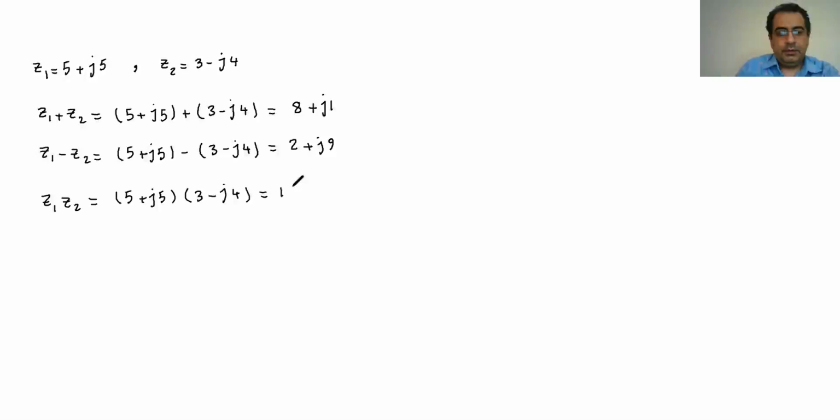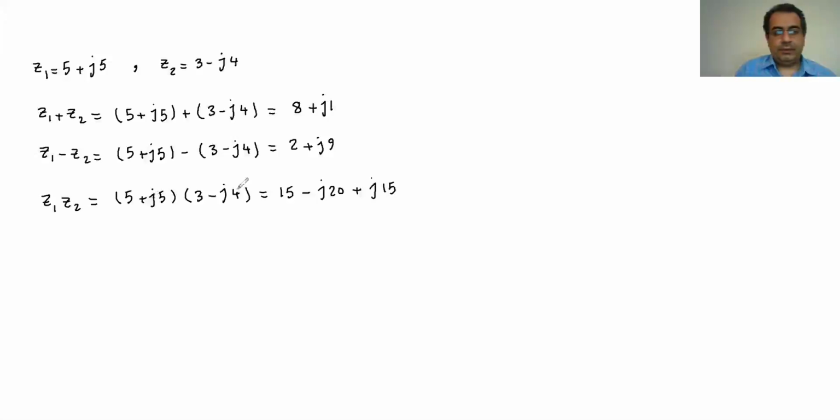So it's going to be 5 times 3, and then we have 5 times 4j, so it's going to be minus j20. Then you have this one, 5 times 3 is going to be j15.